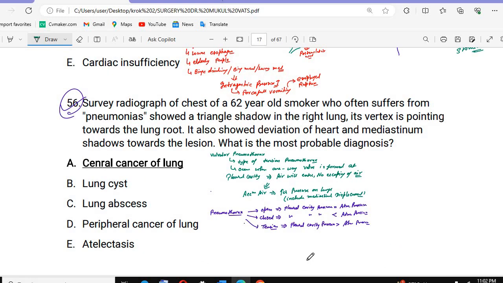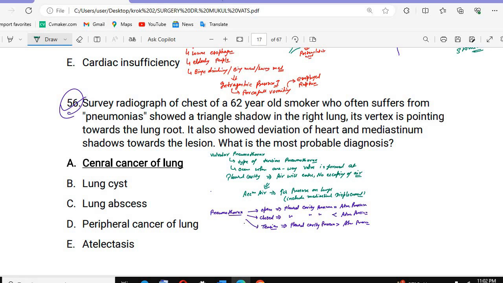Okay, so let's look at this question. A survey radiograph of the chest of a 62-year-old smoker who often suffers from pneumonia showed a triangle shadow in the right lung.